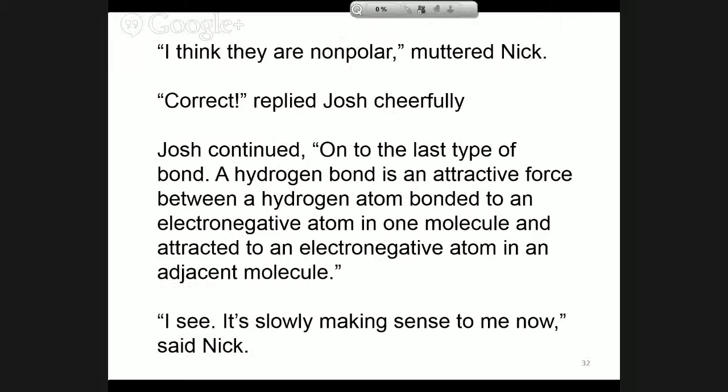But going on there, this goes on to talk about hydrogen bonding, which is the last aspect of what this little story is doing. Now, I've never had a real comfortable, straightforward definition of a hydrogen bond.